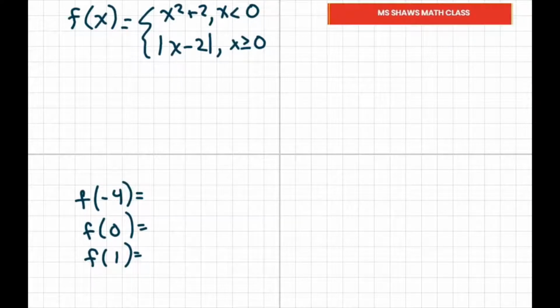For x less than 0, I go to 0 and plug that in, and I go to 2. Now that's an open circle there because it can't equal 0. Now negative 1, because we're doing the values less than 0, on the left side of 0, you're going to get 3.